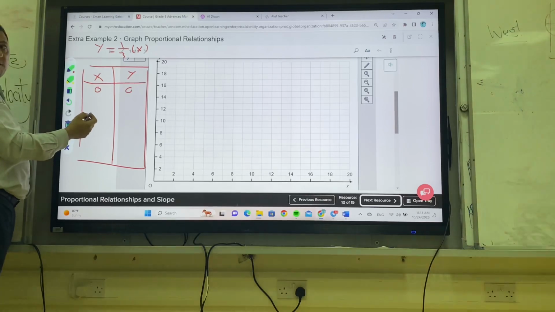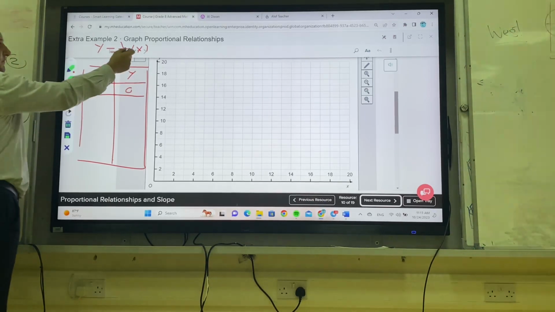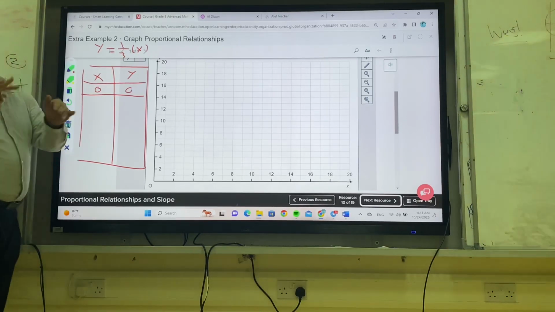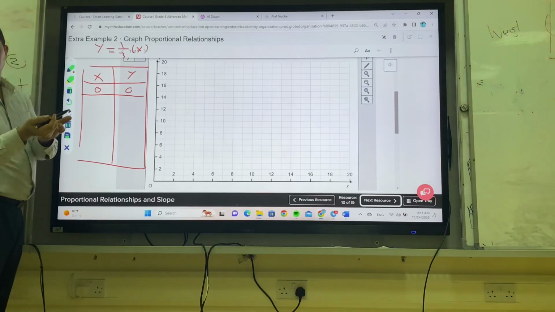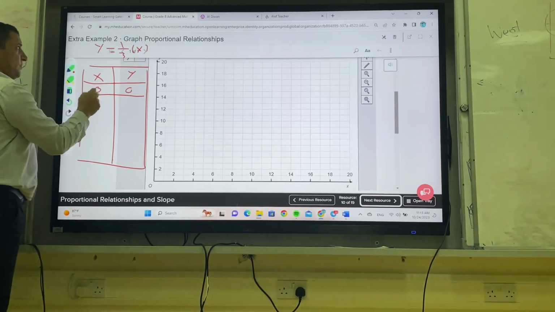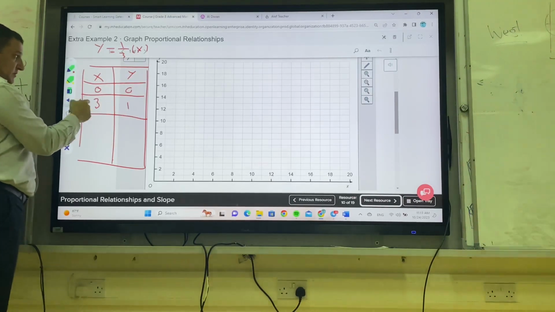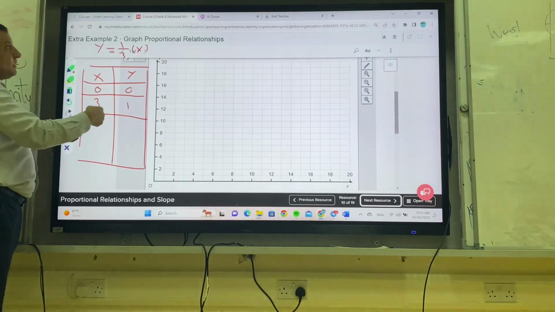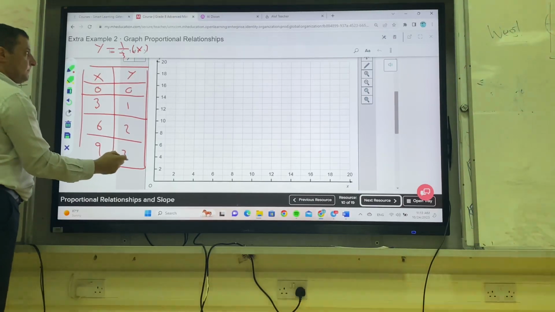Because you are smart, please choose proper numbers for x to reduce your math work. It will be 1/3 of 2, that's 2/3. So it's much better to choose 3: 1/3 of 3 is 1. This is the point (3, 1). Then (6, 2) and (9, 3).